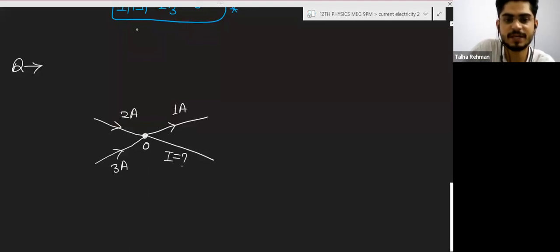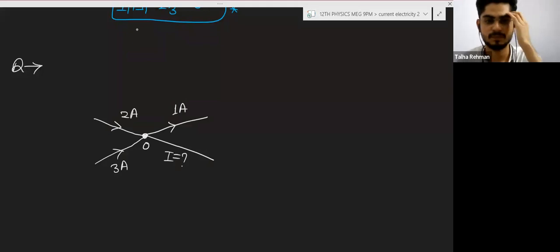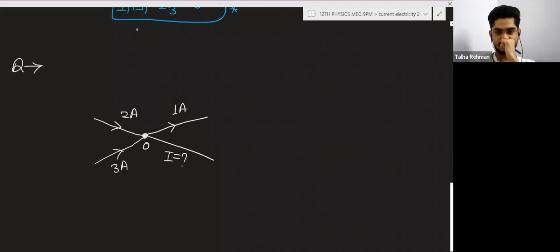So Hamza, just find the value of I. With the help of your notes, you can do this question. Just find and tell me the answer, and tell me whether this I is leaving the junction or entering the junction. This question is very easy, very basic.